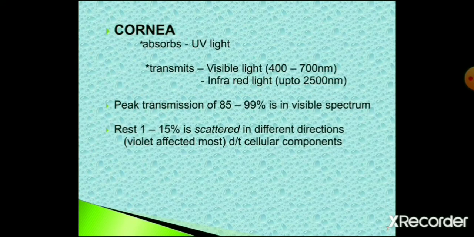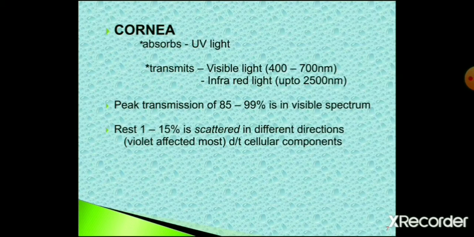So the cornea absorbs ultraviolet light, transmits visible light of 400 to 700 nanometer, and infrared light up to 2500 nanometer, and the peak transmission of 85 to 99% is in the visible spectrum. The rest, 1 to 15%, is scattered in different directions, that is, violet is affected most, due to the cellular components.